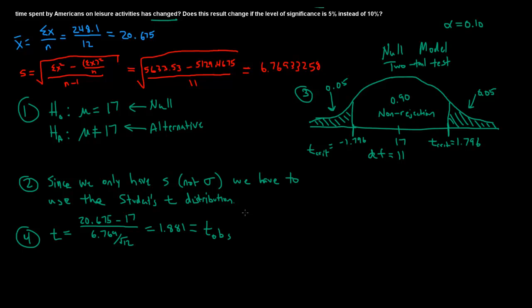Now, in step 4 we actually need to figure out where this falls on our distribution. Let's just go to purple. Where does this go on our distribution? Well, if you look over here, it looks like our critical value is 1.96.